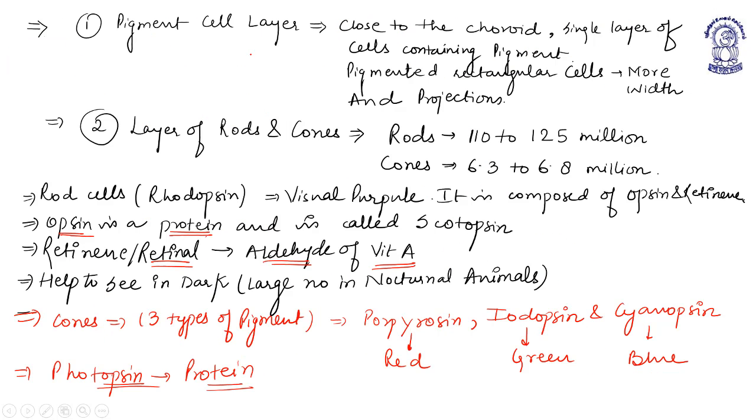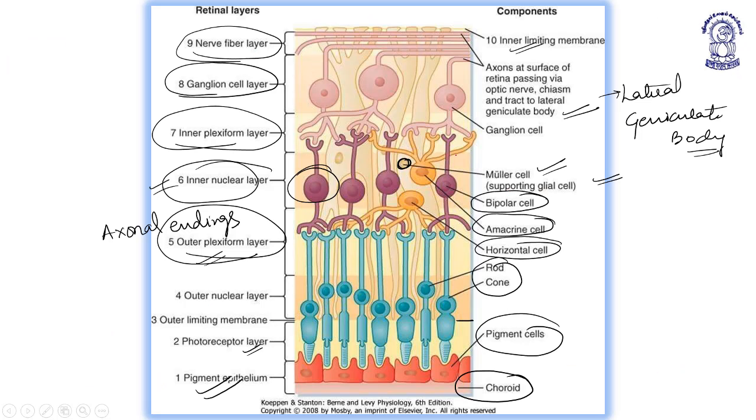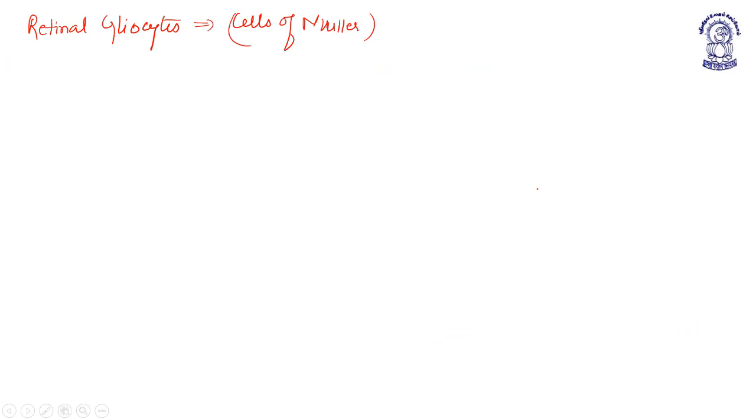Then come the retinal gliocytes. These retinal gliocytes are known as cells of Mueller. As seen in the picture, Mueller cells are supporting glial cells.